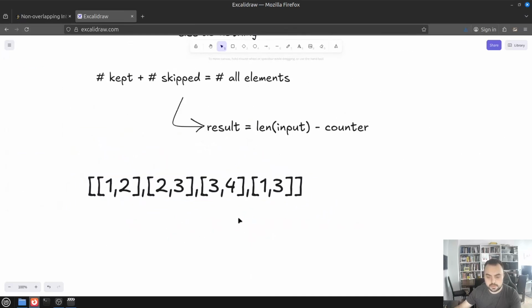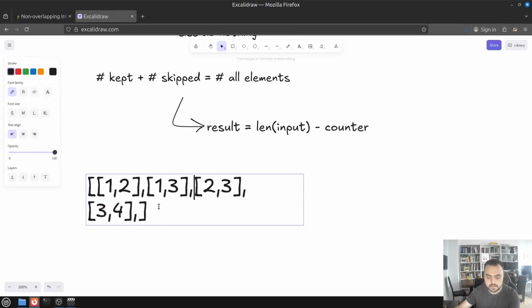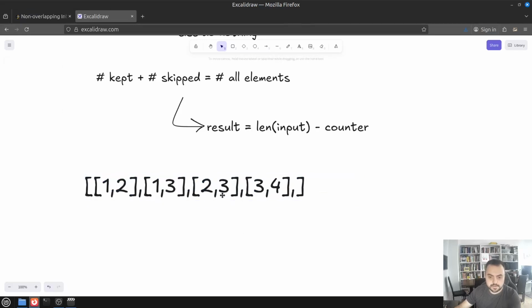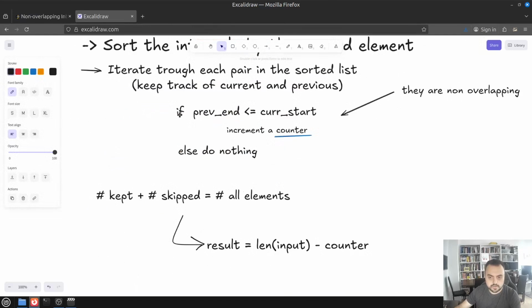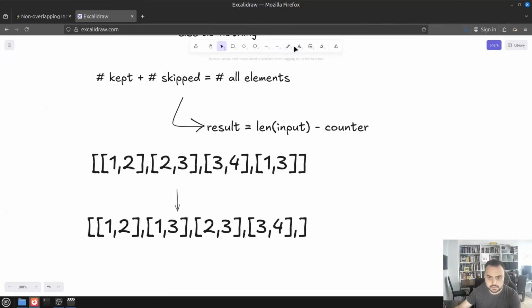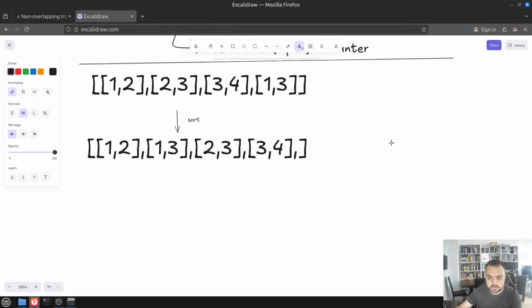Yeah, so if we sort like this, we can even keep two of them to not have any step skipped. So here is the example. After sorting, we have something like this, and then we can create some counter, which is first set to 0, and we can iterate.